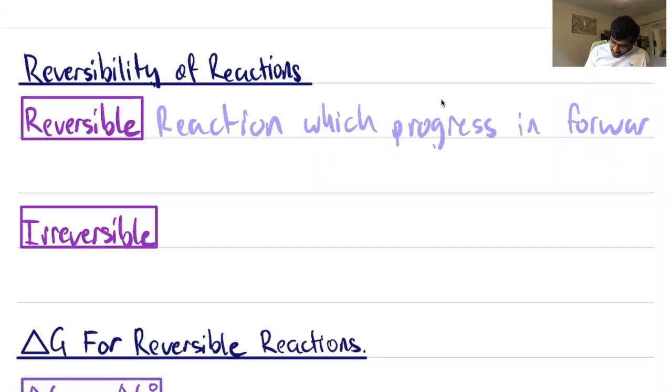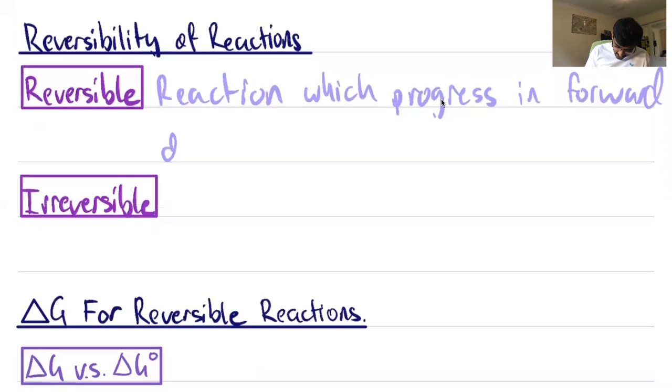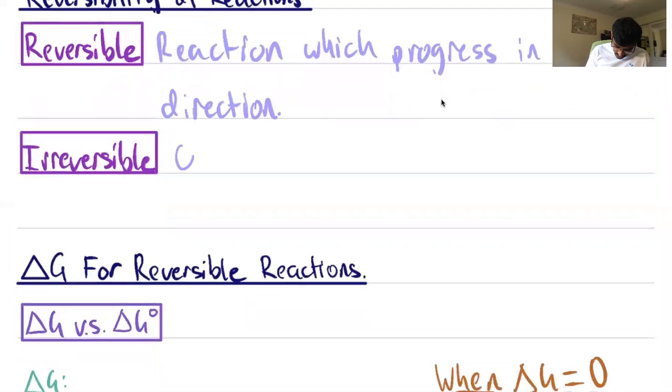By contrast, when we talk about an irreversible reaction, we're talking about a reaction which only progresses in the forward direction.